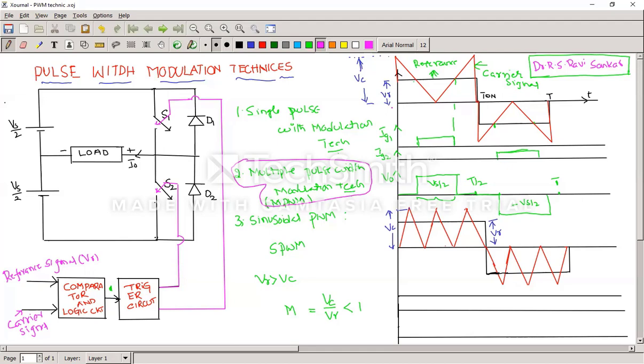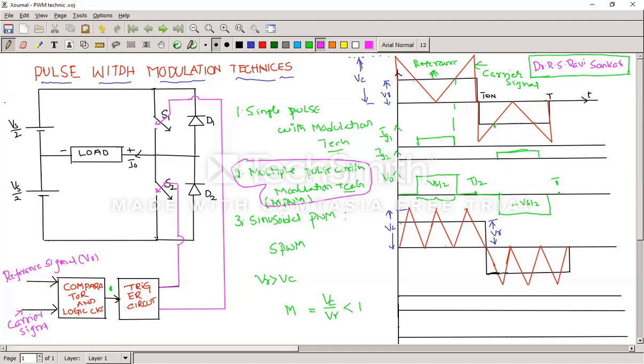Here we have taken the carrier signal as triangular. Here also we have taken the carrier signal as triangular, but its frequency will be different. The frequency will be more, because the time period will be lesser. This type of triangular waveform we have taken.